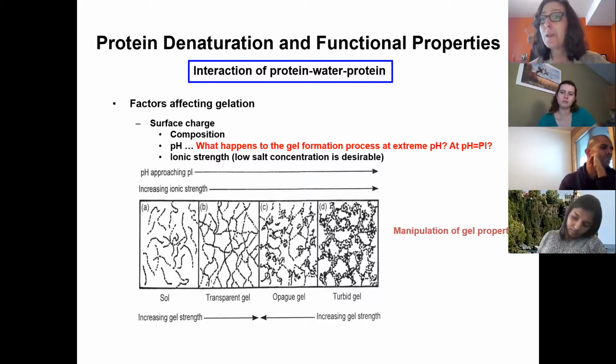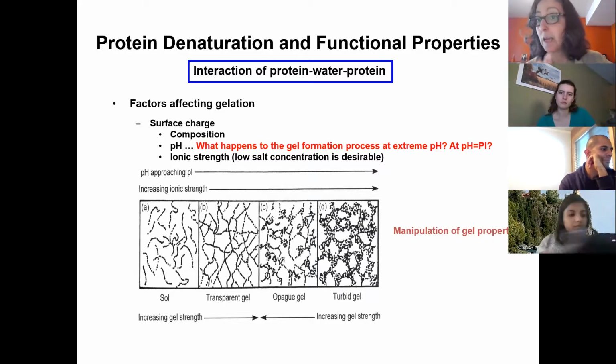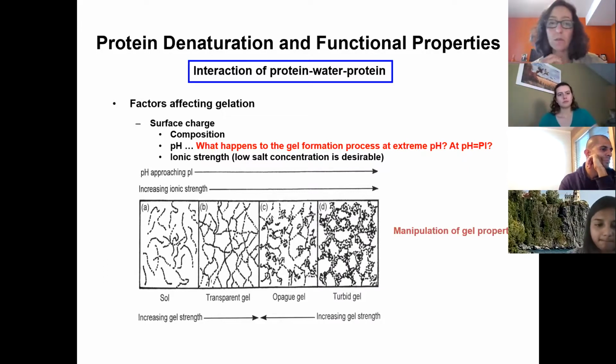So that's where formulation of different food matrices plays a role: how much salt we can add, what pH we can use, and what carbohydrate is going to be added to influence the gel formation, and so on.